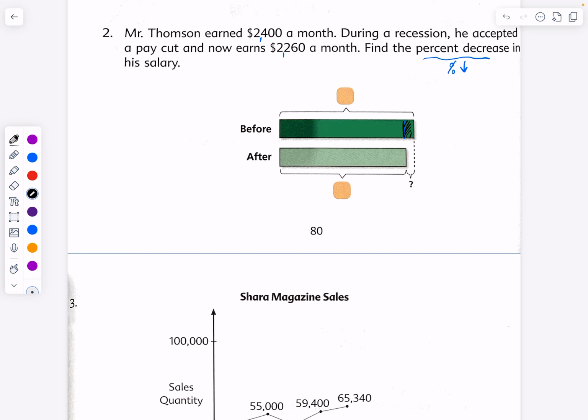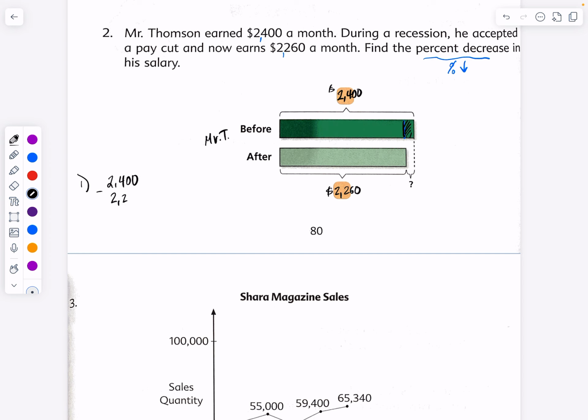So, step 1, what happened to Mr. T? Before, he was making $2,400 monthly. After, he started making less, $2,260. Step 1. First, let's find the change in his salary, the drop in the salary.